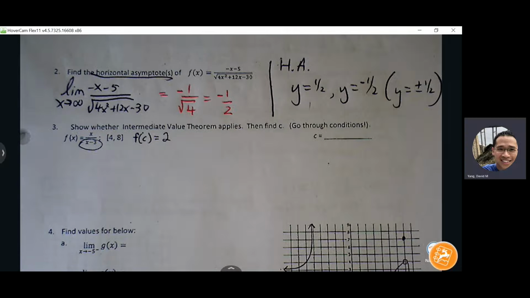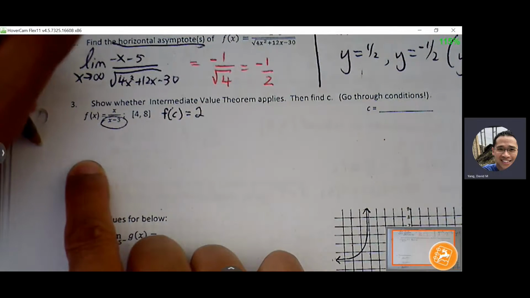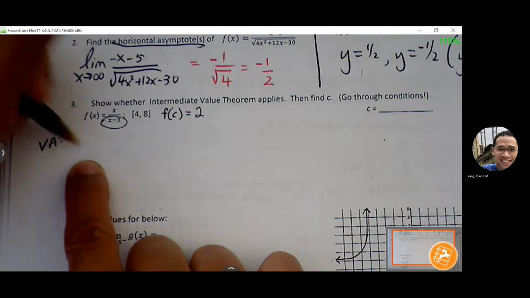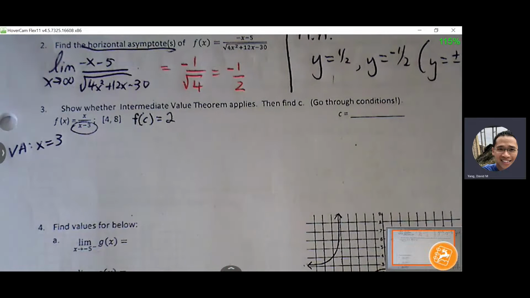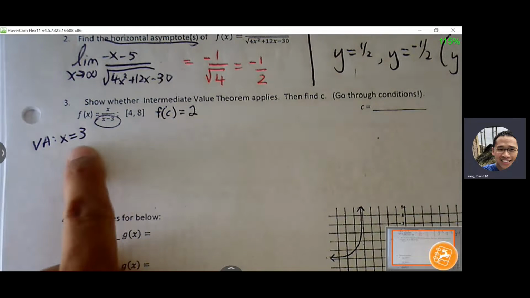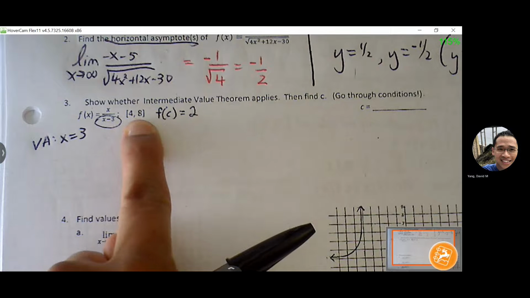So where do we look for any potential breaks in the graph? Denominator, right? If we set the denominator equal to 0, that's going to allow us to look for vertical asymptotes. So where's the vertical asymptote for this function? +3. Now, it doesn't mean that we automatically fail IVT if there's a vertical asymptote, but we have to see, is this disruption going to impact my interval?